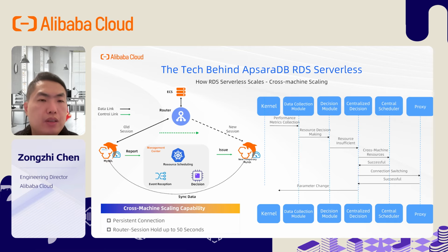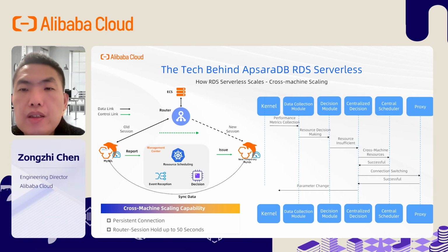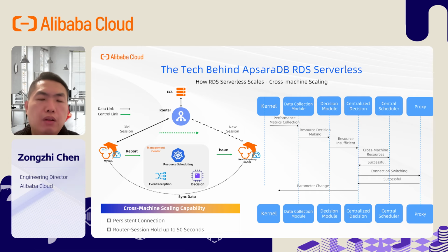So we will migrate the service from the old machine's MySQL to a new MySQL on a new machine. What differs from local machine scaling is in the decision model. The decision model finds that there's not enough resource on the local machine, so it will notify the central decision. And then the central decision receives the message that there's not enough resource on the local machine.